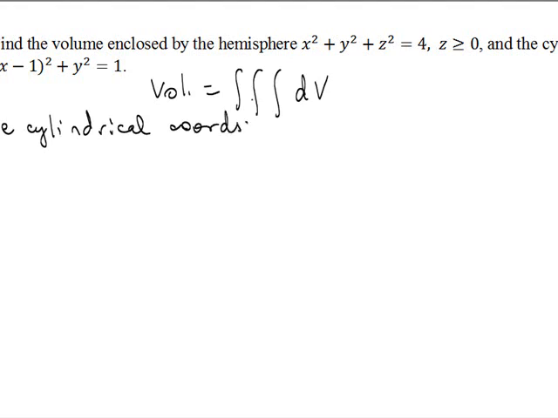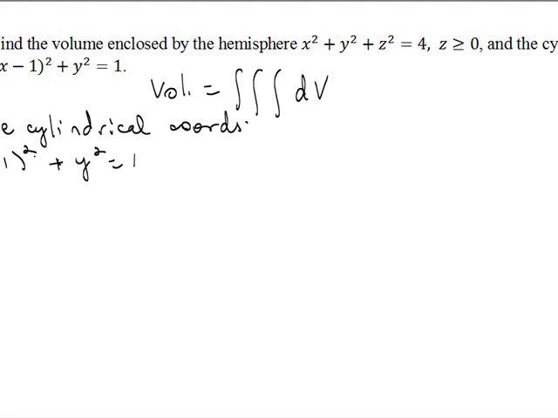So again, let us use the cylinder to find the r and theta limits. So let's write down this, and then what I would do, I would simplify this before I substitute the r cosine theta and r sine theta, okay?